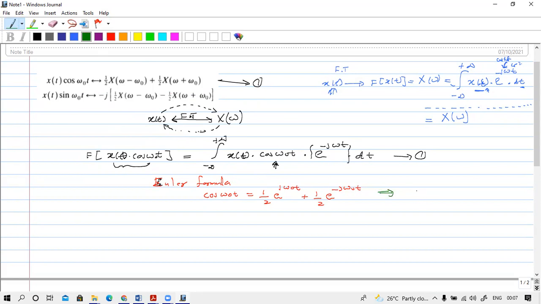Here, if we have e^(j theta), we can write it as cos theta plus j sine theta. And if we have e^(-j theta), we can write it as cos theta minus j sine theta.